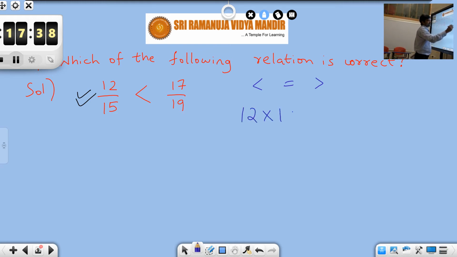When we cross multiply, we will get on one side 12 into 19 and on the other side 17 into 15.